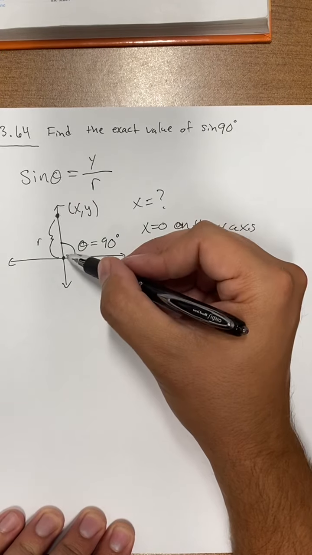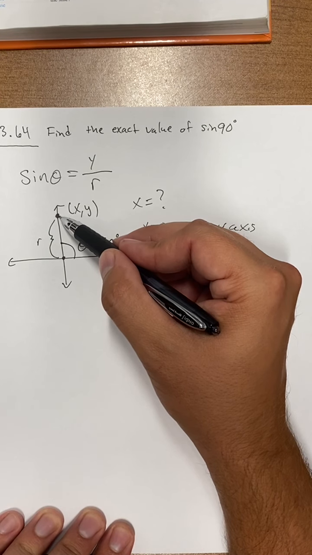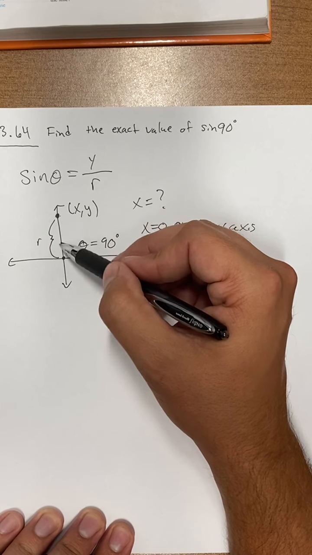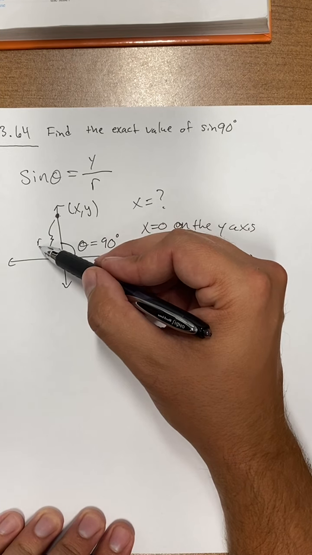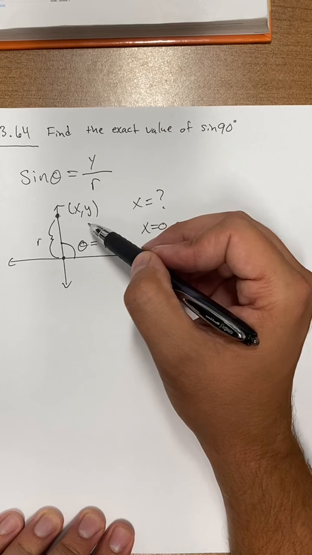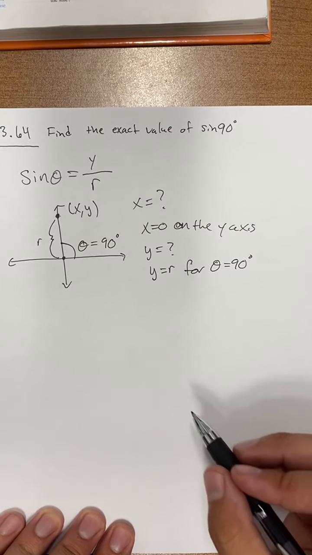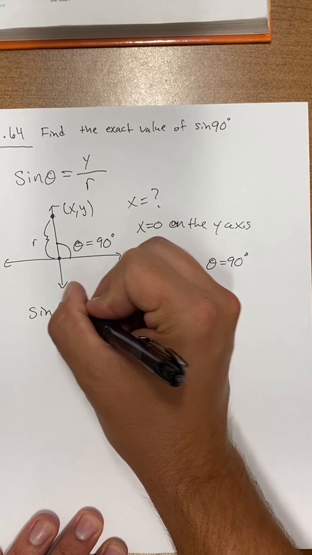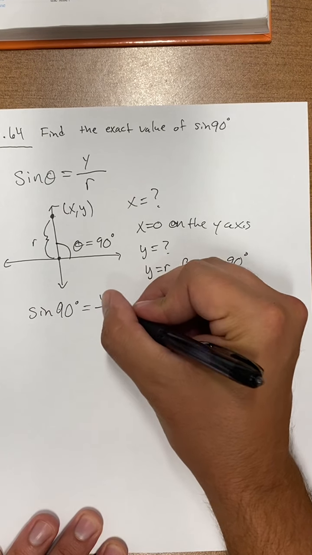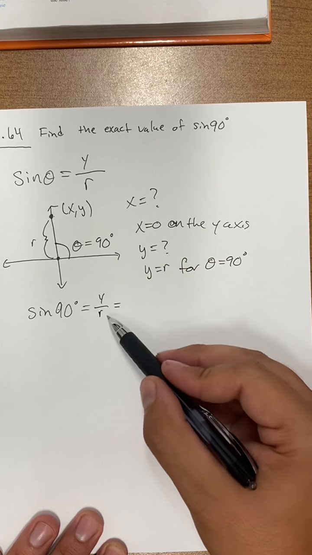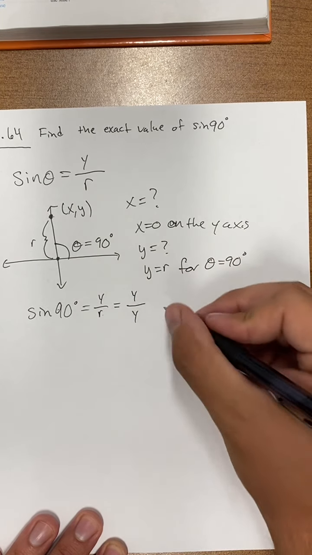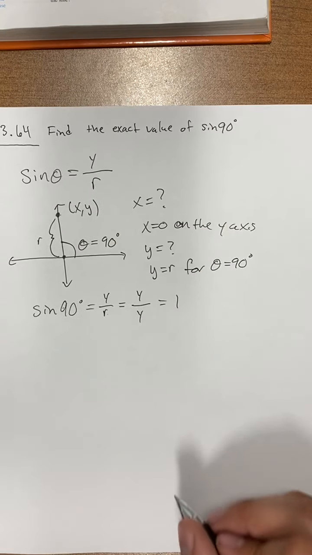If I were to take a tape measure from here to whatever this point is, that is the y, because it's vertical and on the y-axis, and it is also the radius at 90 degrees. So y equals r. So if we did the sine of 90 degrees, we need to know the definition, y over r, but remember, r and y are the same thing, so I could just rewrite that as y over y, and y over y is 1.